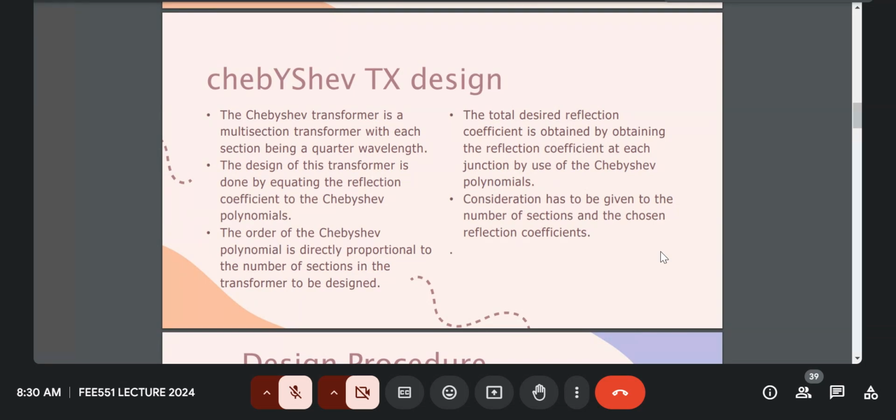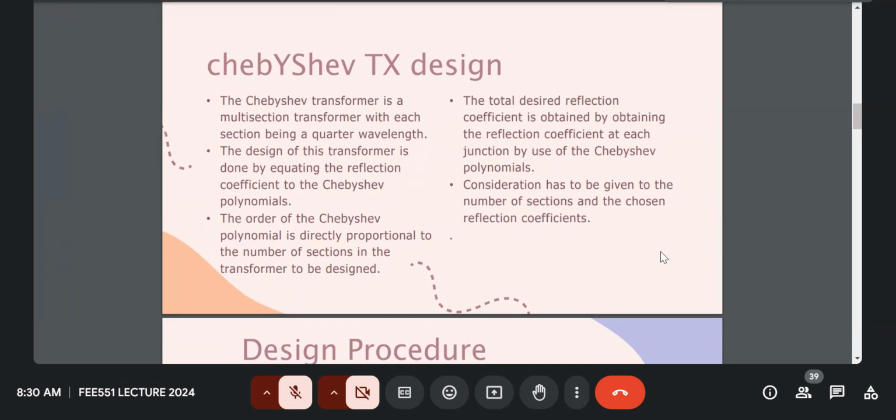Chebyshev transformer design. The Chebyshev transformer is a multi-section transformer with each section being a quarter wavelength. The design of this transformer is done by equating the reflection coefficient to the Chebyshev polynomial, and the order of the Chebyshev polynomial is directly proportional to the number of sections in the transformer to be designed.